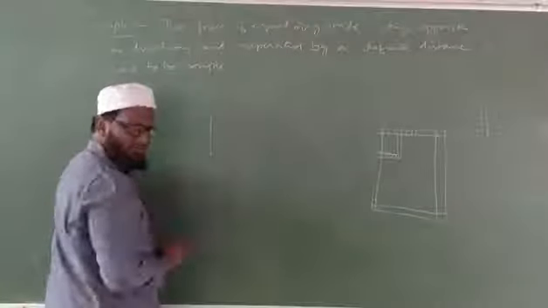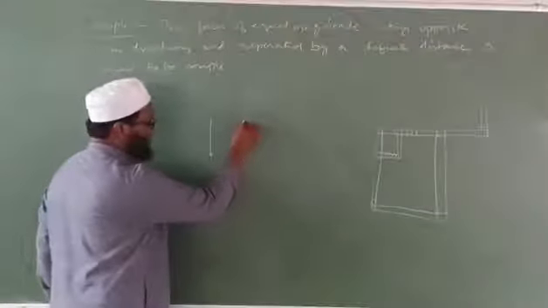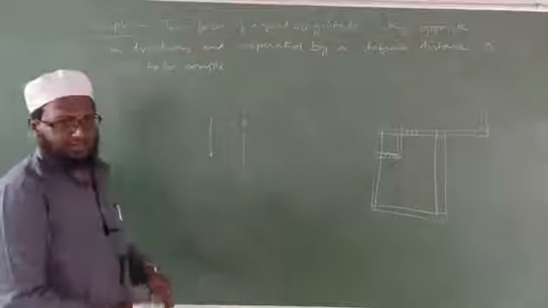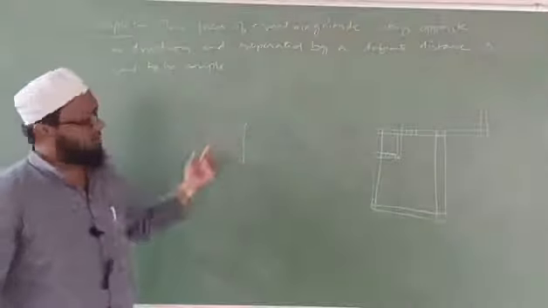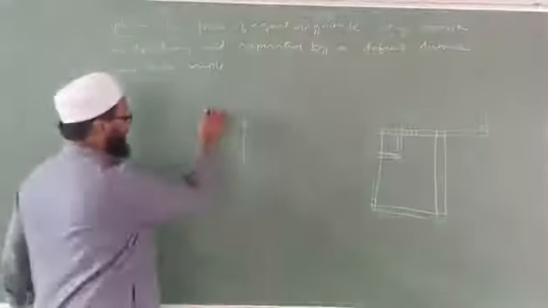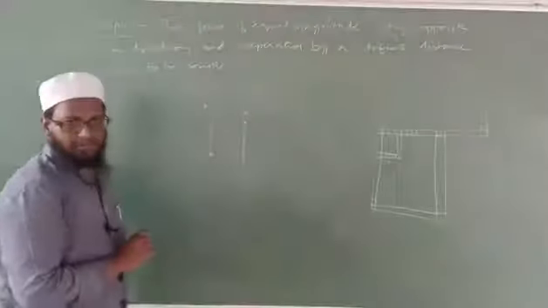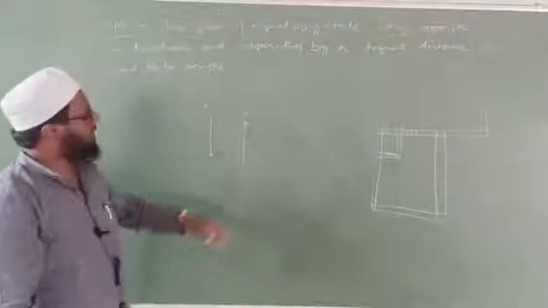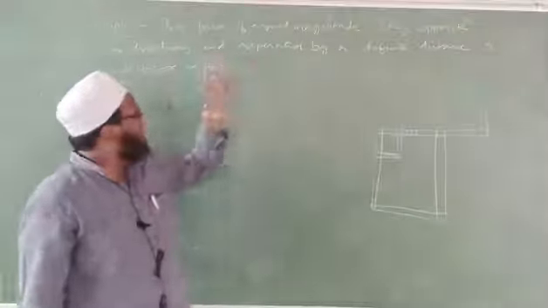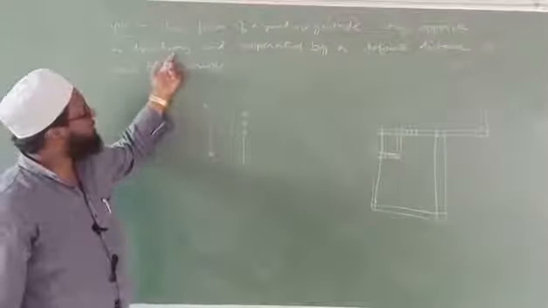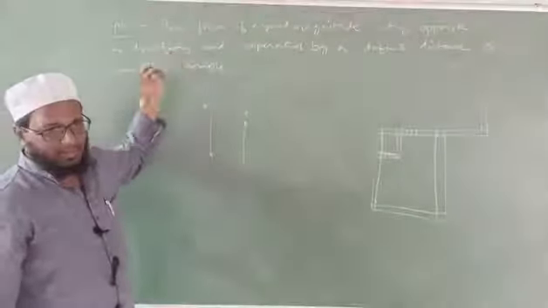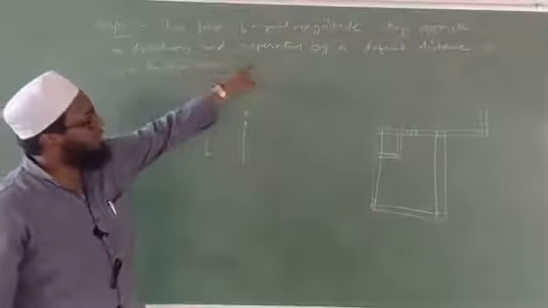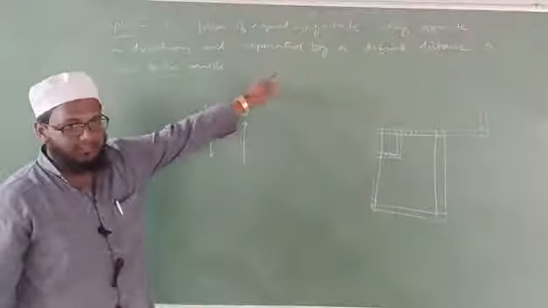This is your couple, and we show couple like this. One force, another force, two forces of equal magnitude, both should be equal, P and P. Magnitude acting opposite to each other and separated by a definite distance d.